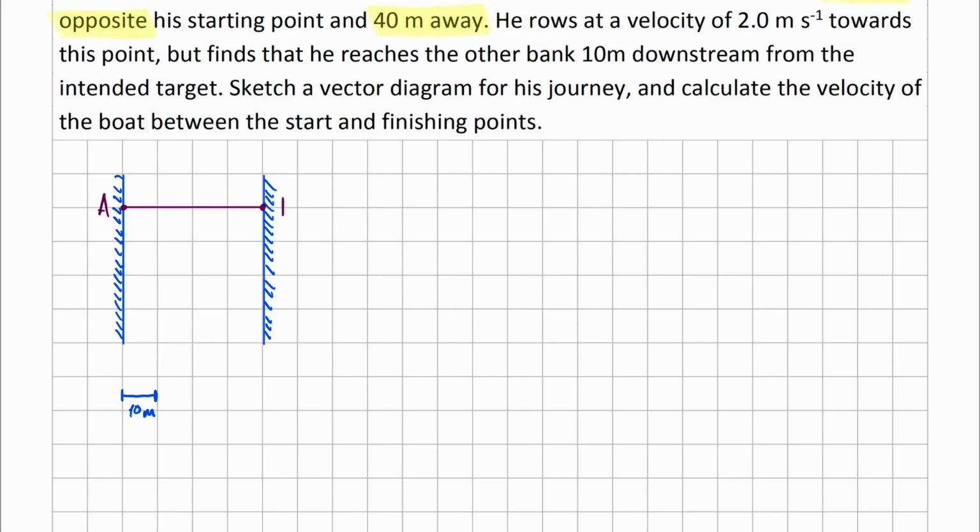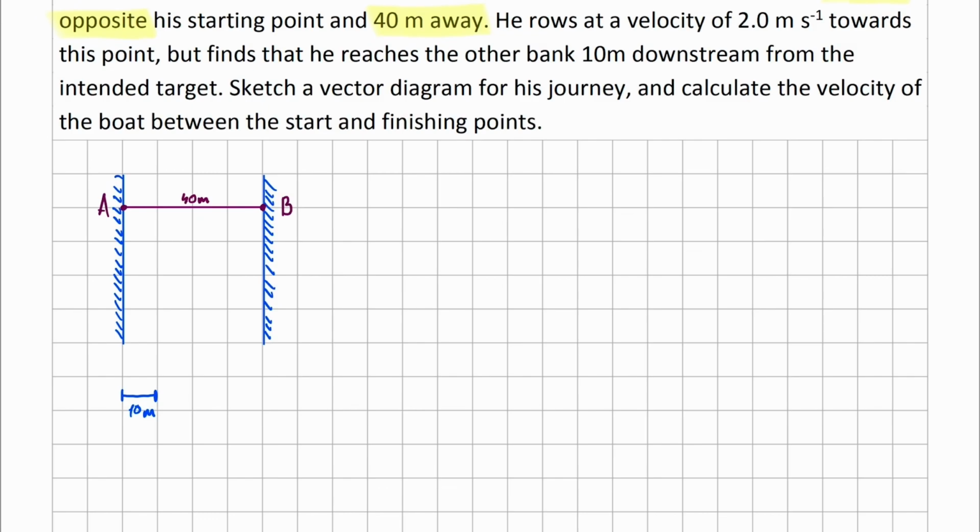This is the point B where he wanted to get. Now, this one is 40 meters. Let's continue reading. So he rows at a velocity of 2 meters per second. Well, we'll state what that means for us a little bit later.